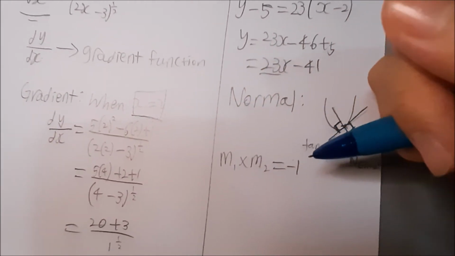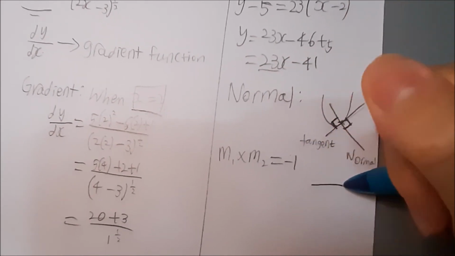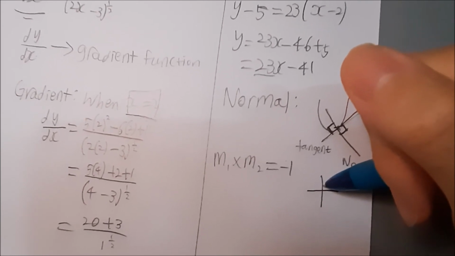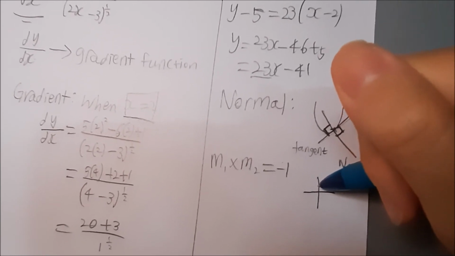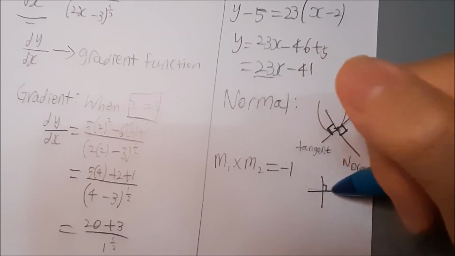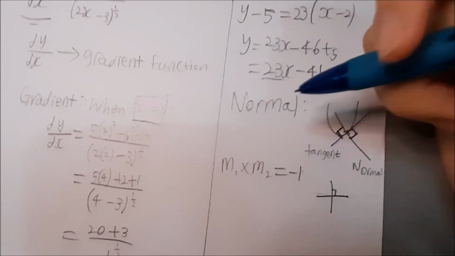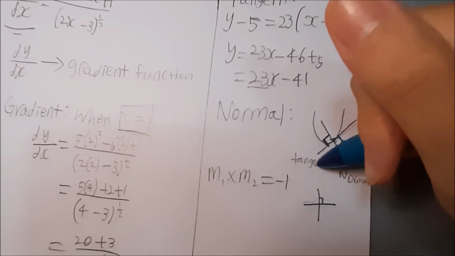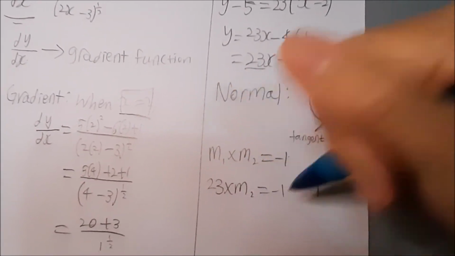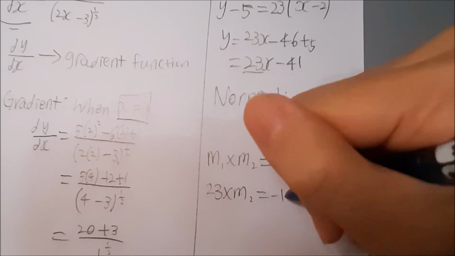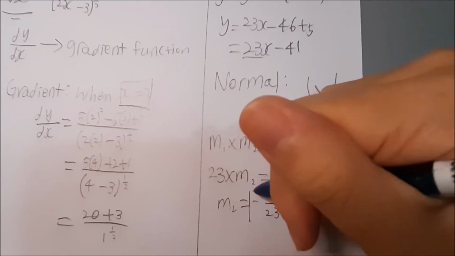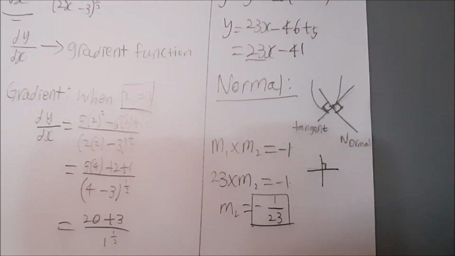This is when you have two perpendicular lines, and their gradients are 90 degrees to each other. Then if you multiply them together, you will get -1. So since the gradient of the tangent is 23, you get 23 times m equals -1. So m2 will become -1/23. So this is your gradient of the normal.